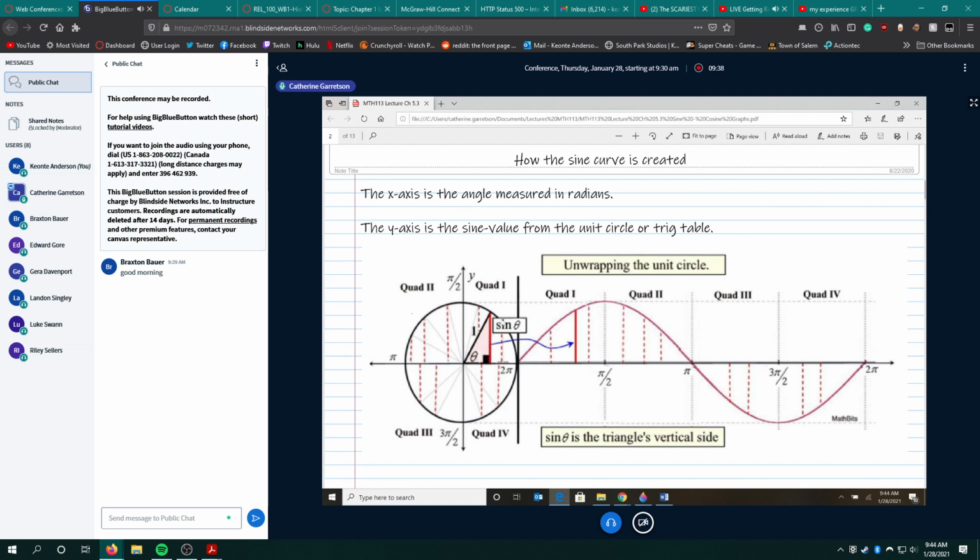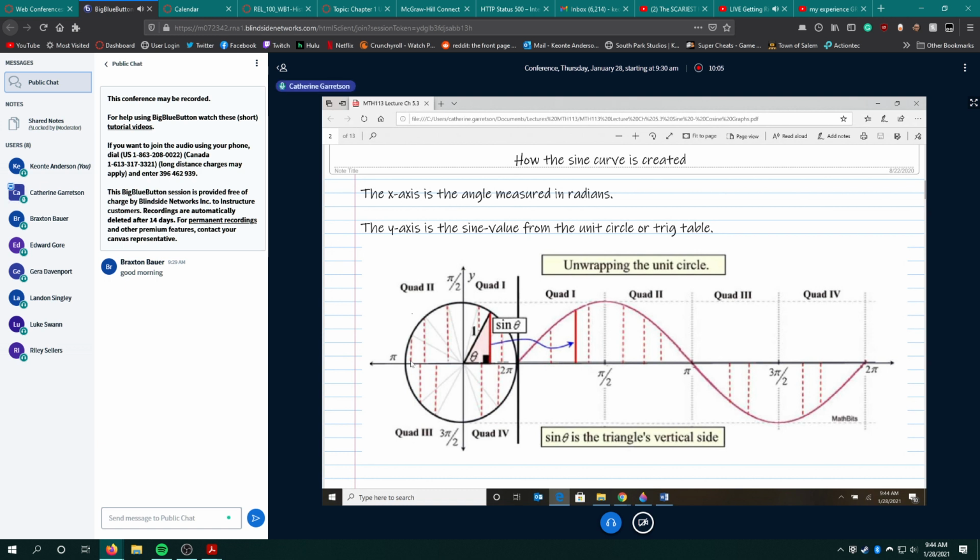And then you kept doing these values until you got up here. Now this was the angle pi over 2, 90 degrees. The y coordinate here, this is the ordered pair 0, 1. So the y coordinate at pi over 2 was 1. So when they graphed it, they said when the angle's pi over 2, the y coordinate is 1. So that's how they're getting these points.